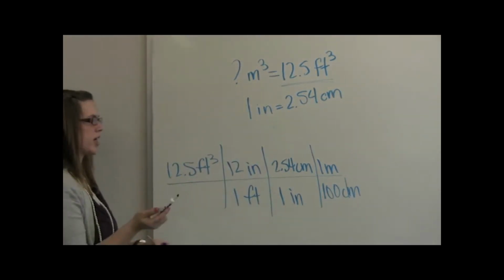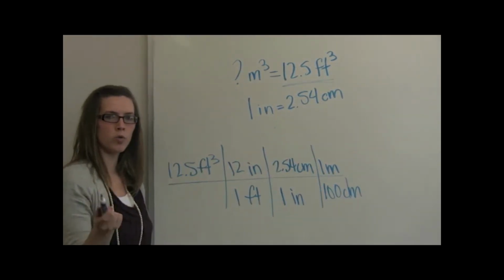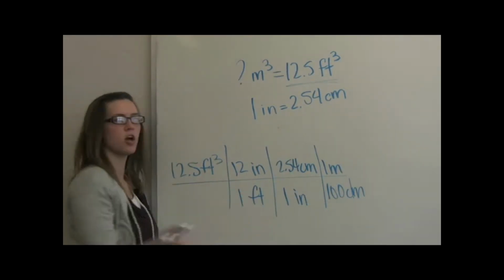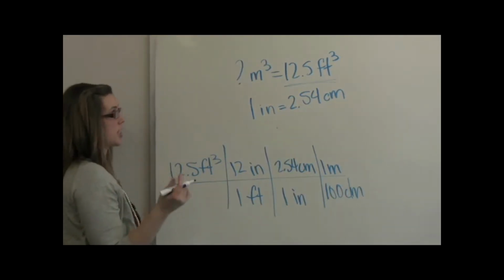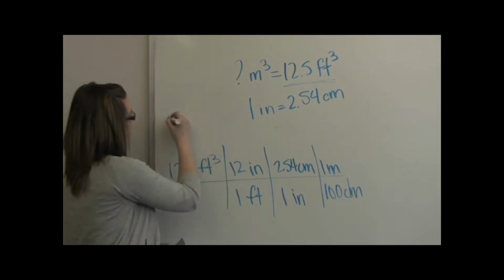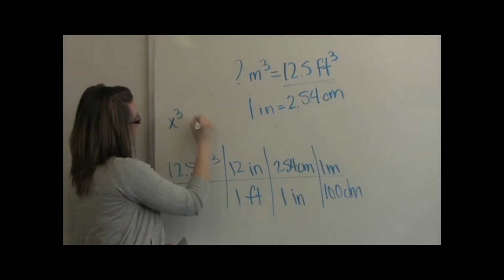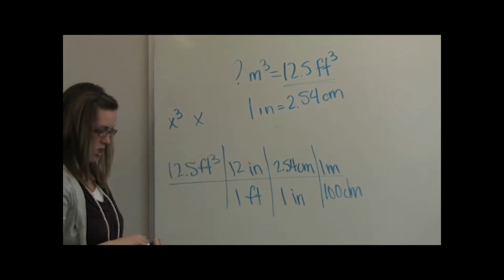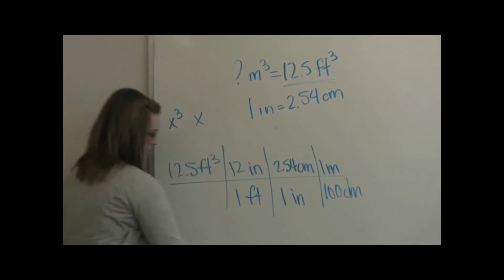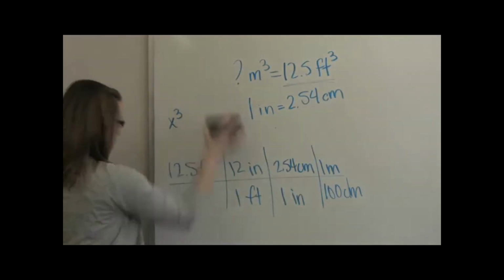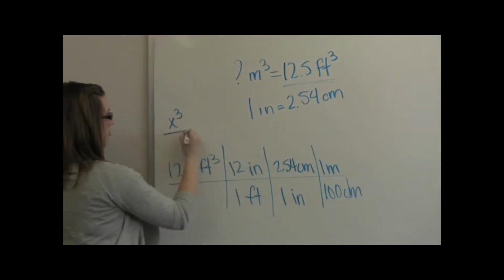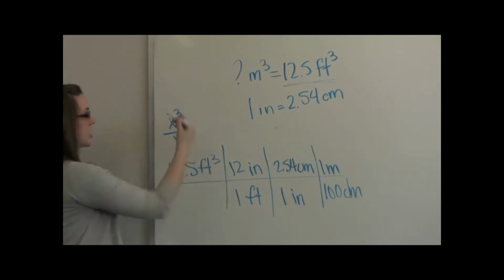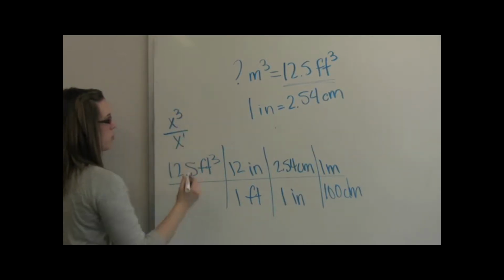But if we try to cancel out our units, we can't necessarily do that yet because feet cubed and feet are different. Just like in any math, if you have x cubed and x, they are not the same thing. If you have x cubed divided by x, like we've talked about before with our tens, you can subtract the exponents, where this is the exponent of 1.